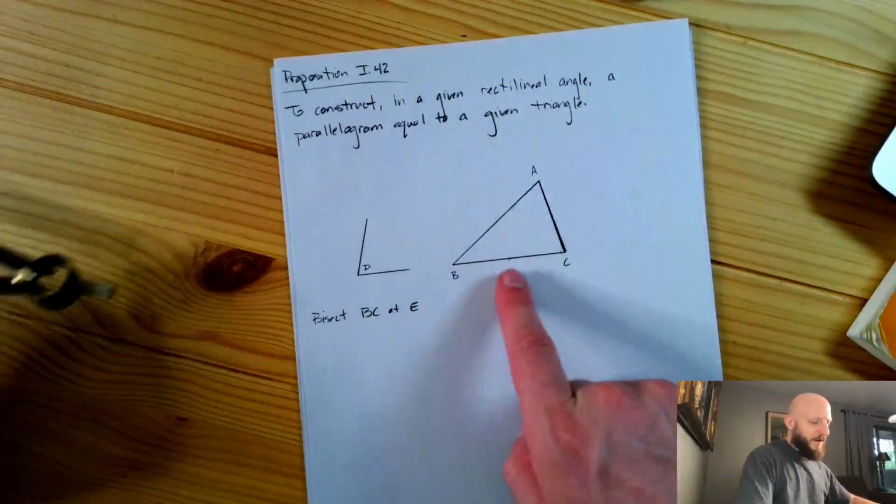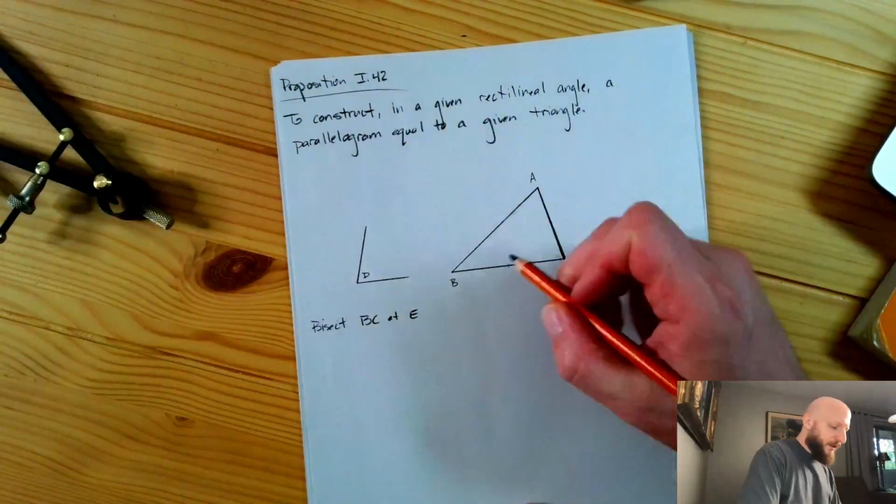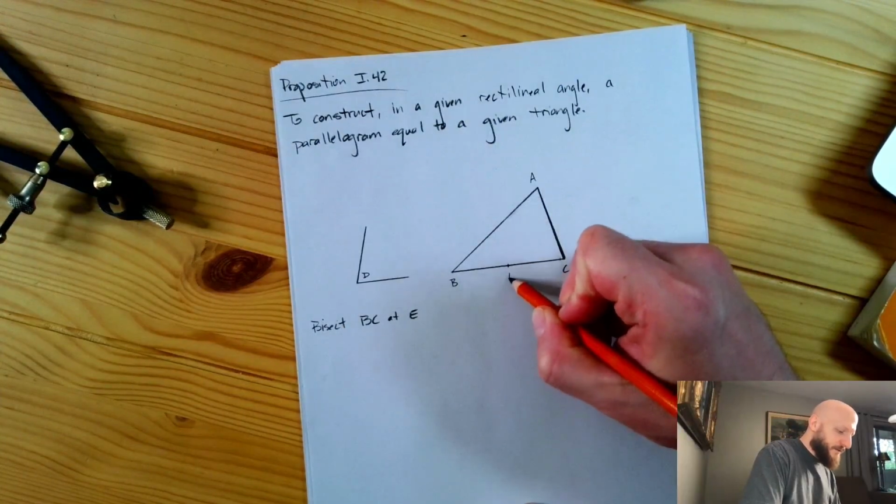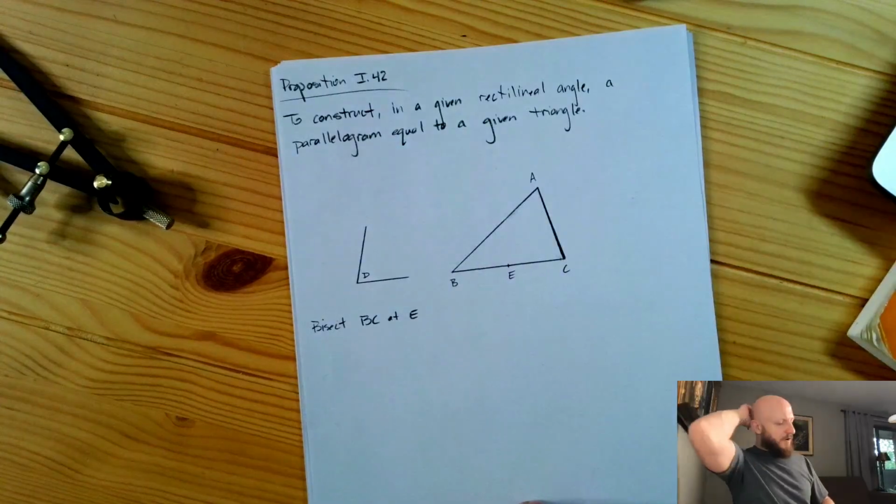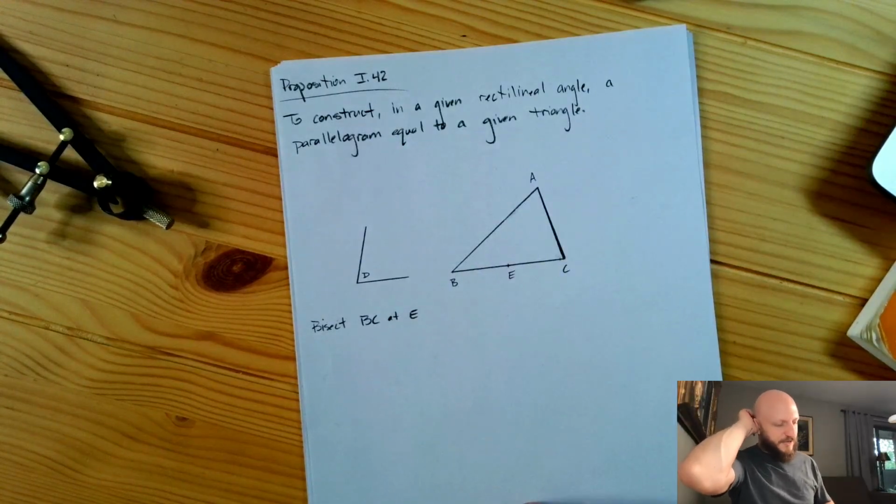I joined them and found where they crossed BC. It was right here. So this is E, the bisection of BC.